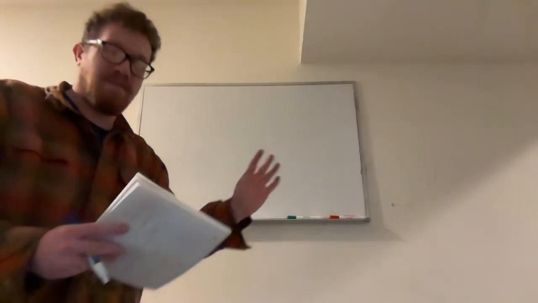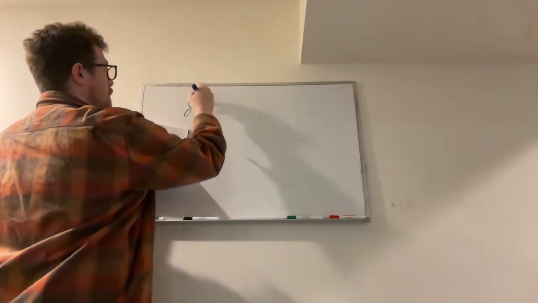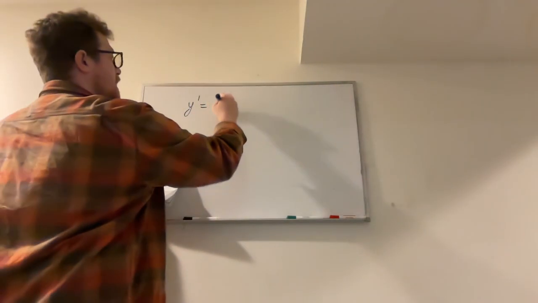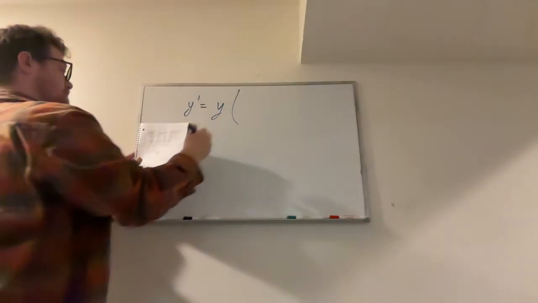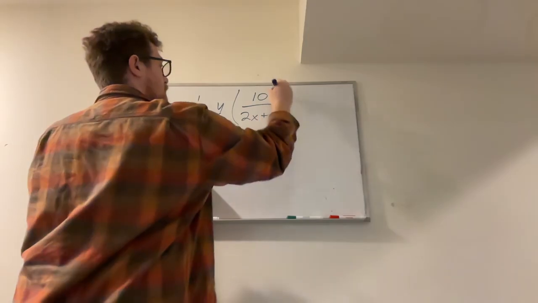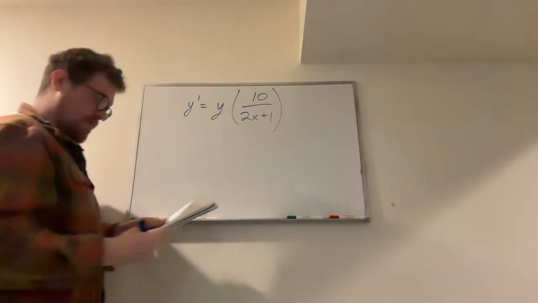And again, sorry for erasing everything, but you'll see it all back up here again. So basically we have y prime is equal to y times 10 over 2x plus 1. There I did a little bit of simplification. We multiplied the 5 and the 2.